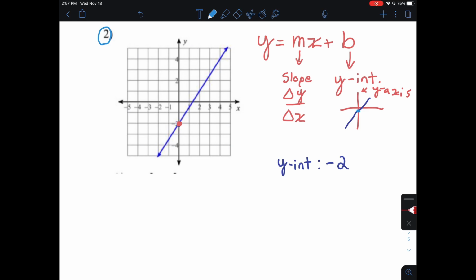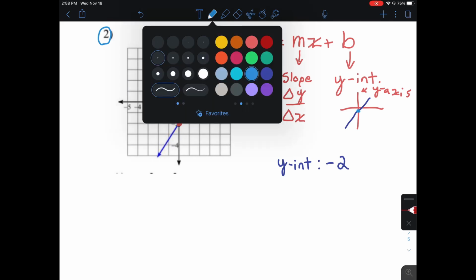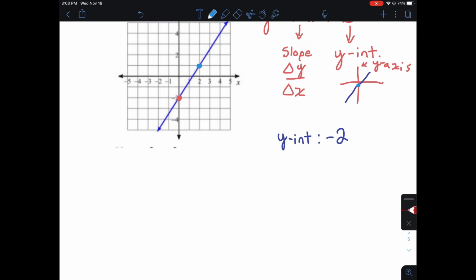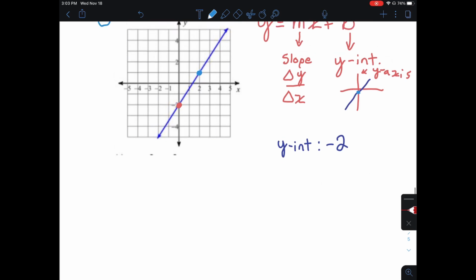It cannot be here because then it would be a fraction and we want an integer. So right here would be our other coordinate.